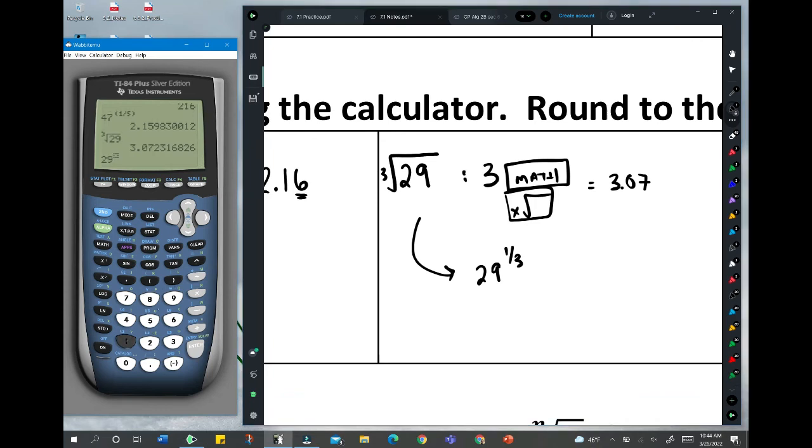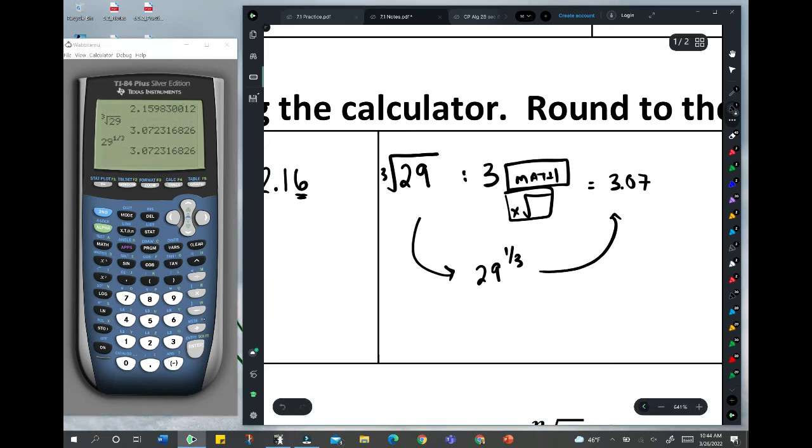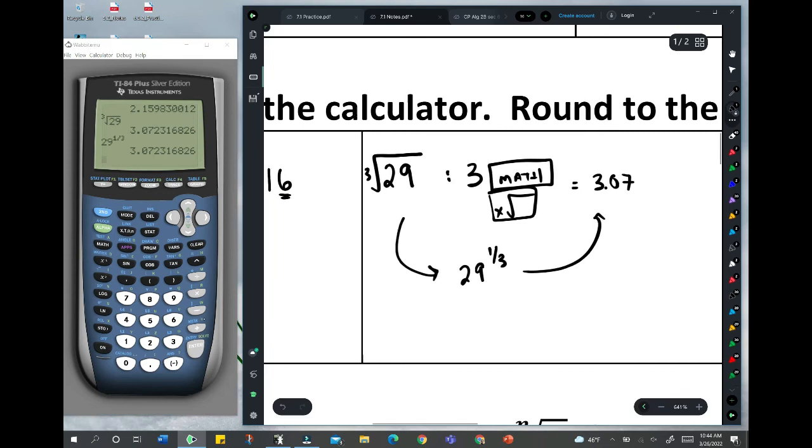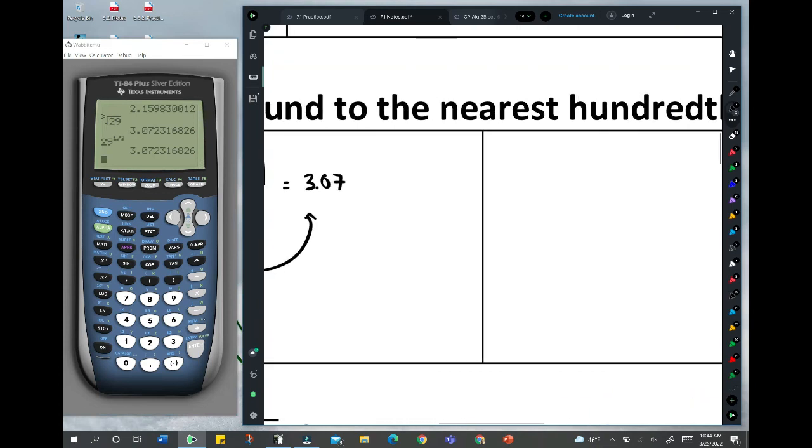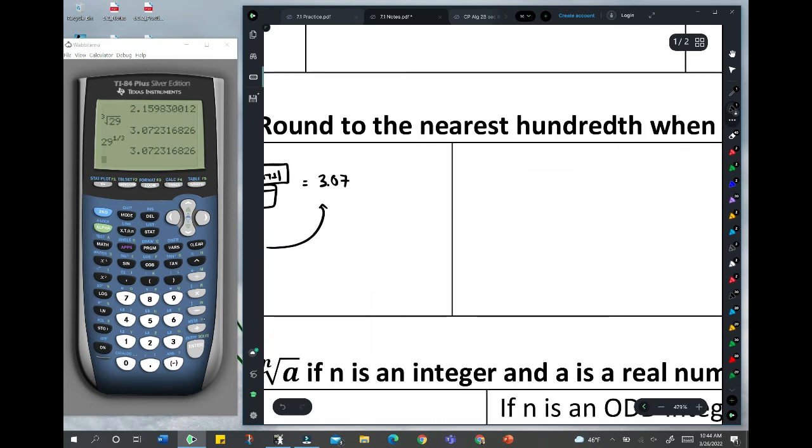So it's just showing you how those two things are related, but whichever way you're more comfortable with. I think it's honestly easier to rewrite as a fraction. So especially when you have more than one thing going on, let's take 32, and let's say we want to take it cubed, but then squared.